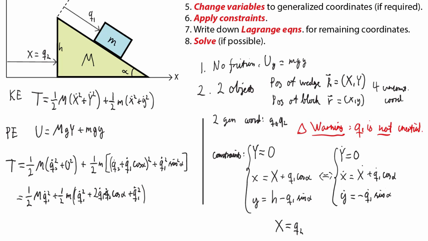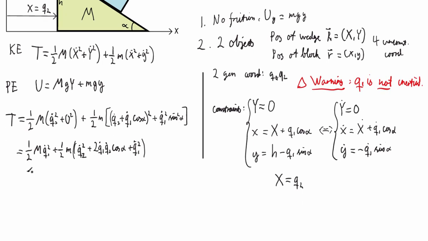Right? This is what comes about. This term here would have been easy to neglect. This is supposed to be Q2, by the way. So Q2 dot squared plus 2Q1 dot Q2 dot cosine alpha plus Q1 dot squared. Not obvious, but if you follow this template, you will get it right. Let's rewrite it one more time here, just to make it a little simpler to calculate, because we have two Q1 dot terms in here.